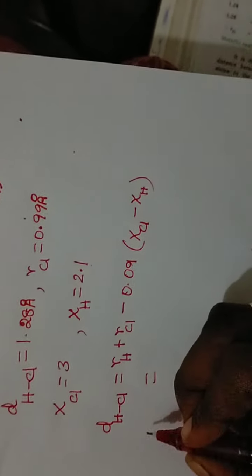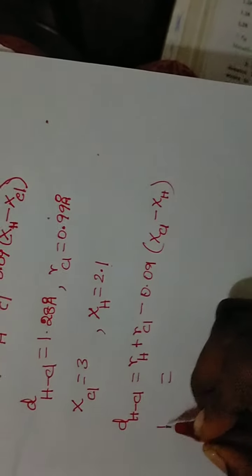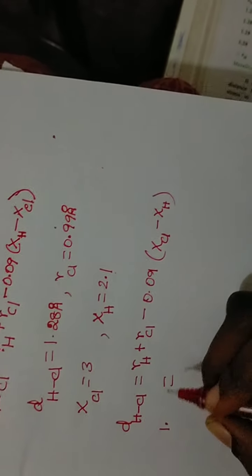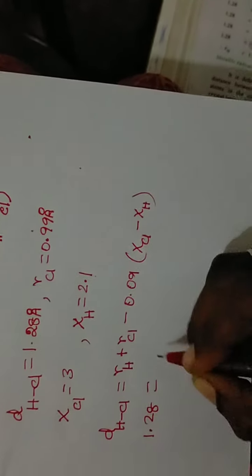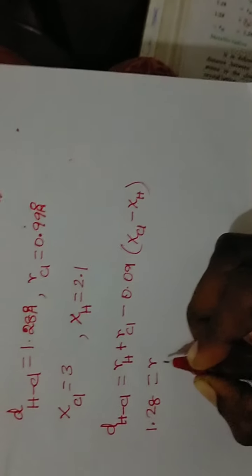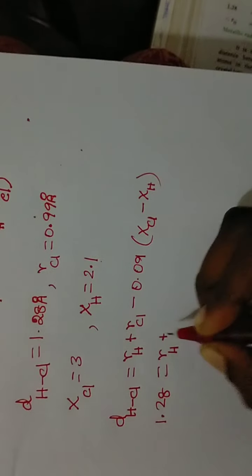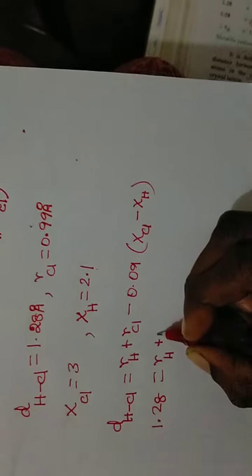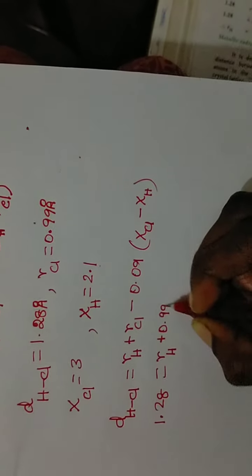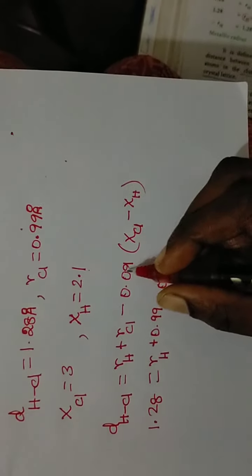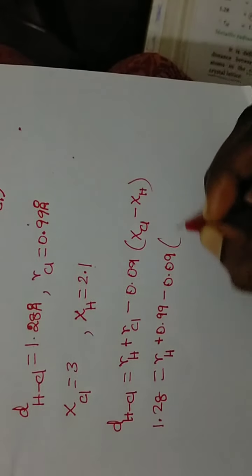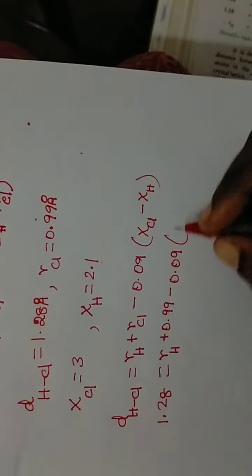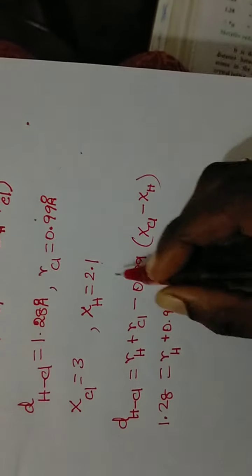Then write the values. 1.28. Then R_H value we don't know, so write R_H here. We have to find out this R_H. And what is the R_Cl value? It is 0.99 minus 0.09 into X_Cl. What is X_Cl? 3 minus X_H 2.1.